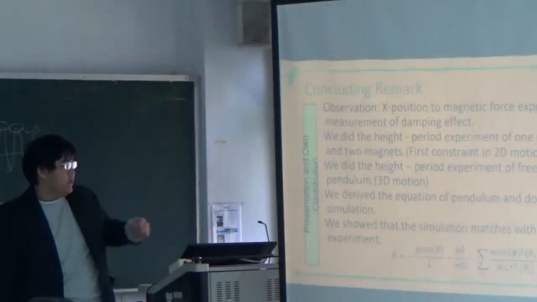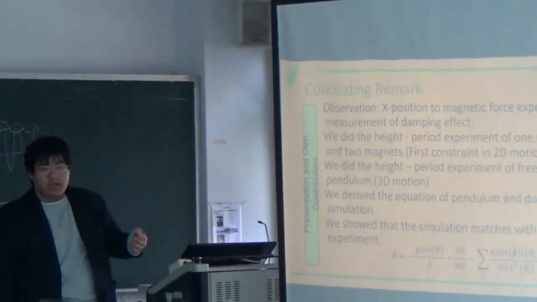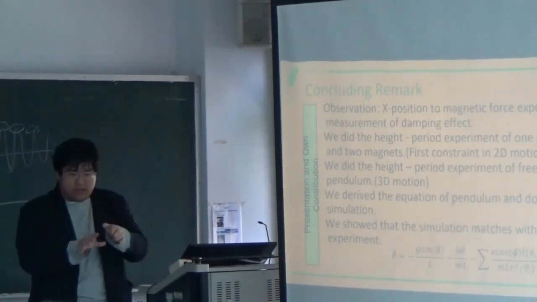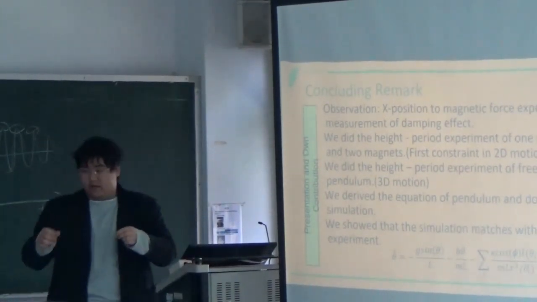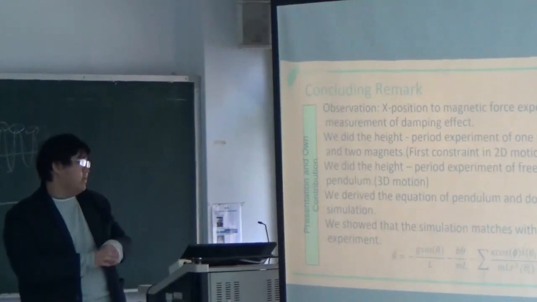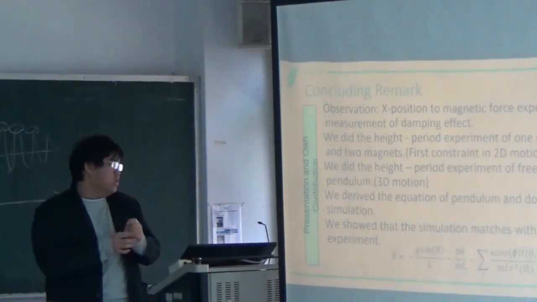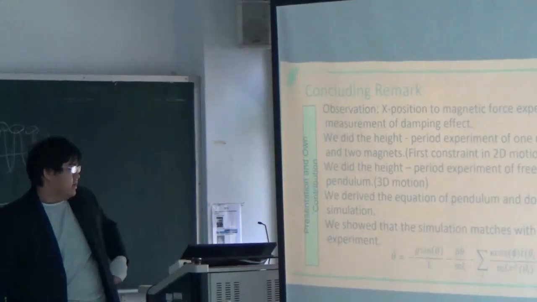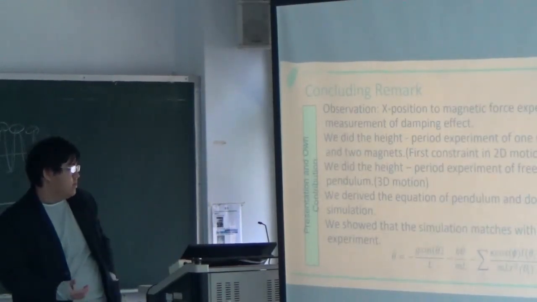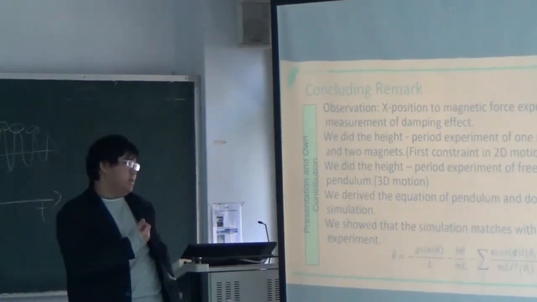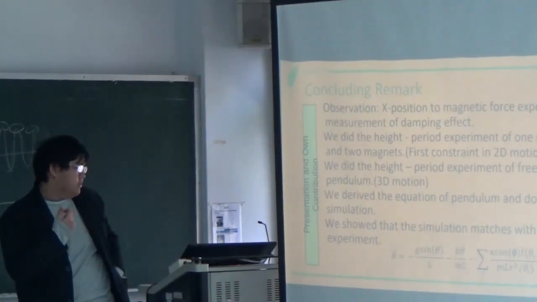And we did the height period experiment of 3 pendulums, a 3-dimensional motion in the experimental form. And we derived the equation of the pendulum and did the simulation with Python. And we showed that the simulation matches the experiment.